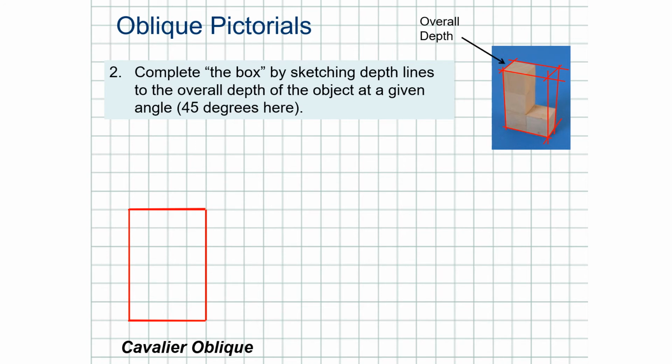So it says complete the box by sketching the depth lines to the overall depth of the object at a given angle, 45 degrees. So this is 1 cube deep. And if 1 cube is equal to 2 grid lines, and we're drawing a Cavalier, they should go back 2 grid lines. Let's see what they do. See, this is why I don't really like the PowerPoint, because it gets all distorted.